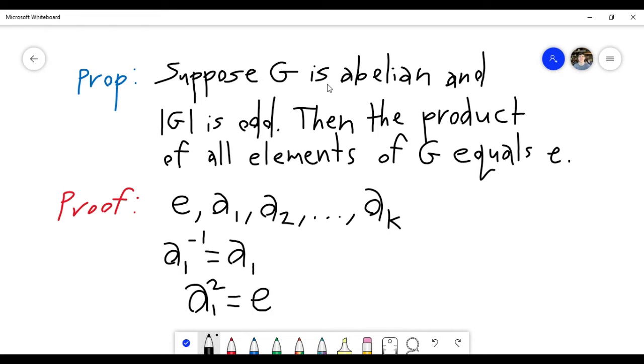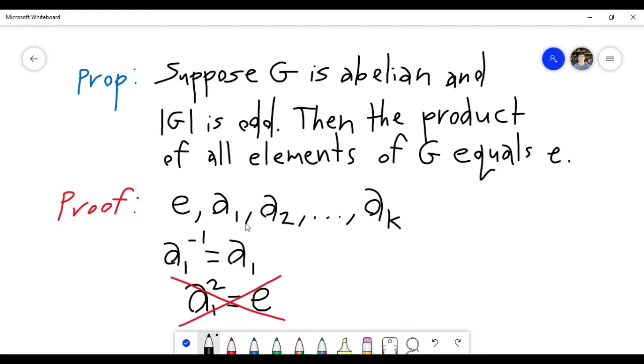But we know that in any group, the order of an element of the group has to divide the order of the group. So in particular, this can't happen. Because in this case, if a1 squared is the identity, then that means that the order of a1 is equal to 2. And 2 can't divide the order of G because the order of G is odd.